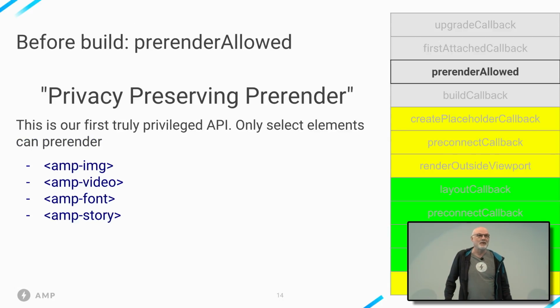Aha, something useful. This one is pre-render allowed. And this is the privacy-preserving pre-render. What's happening here is we're asking your extension, is it OK to pre-render you? And what does that mean? It means, is your extension going to do something that violates the user's privacy? Is it going to try and load a resource from something other than the AMP cache?